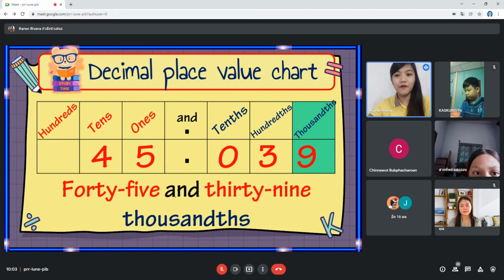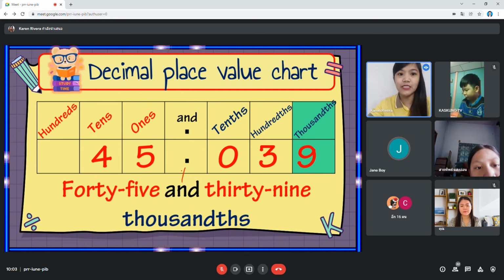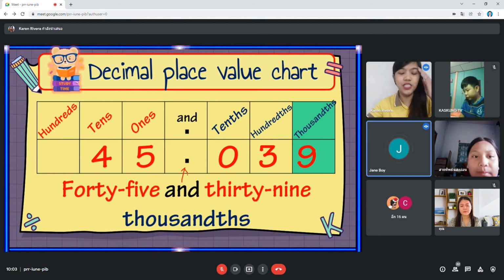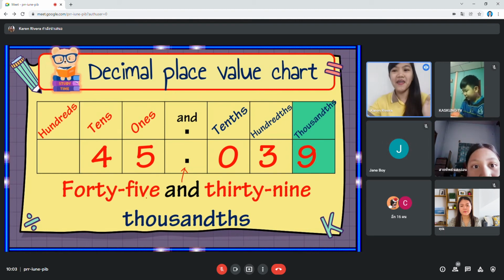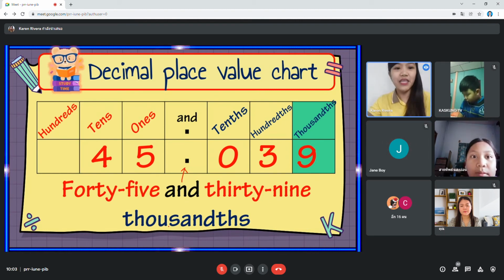Here, 45 and 39 thousandths. Why thousandths?